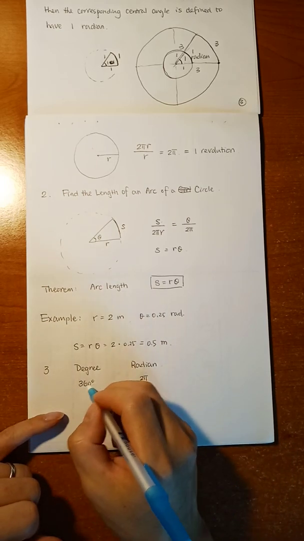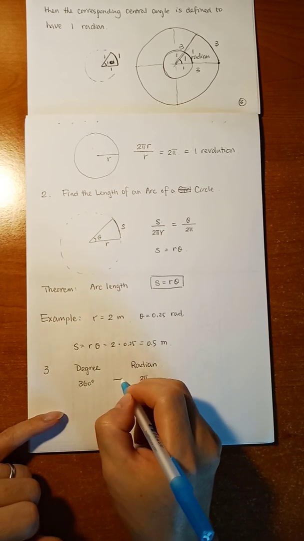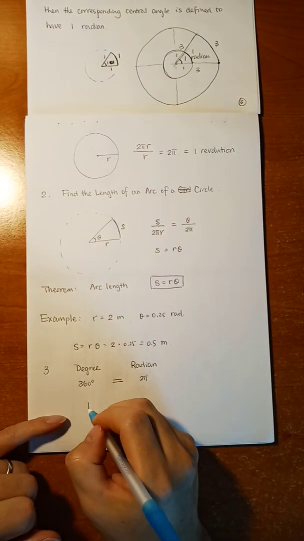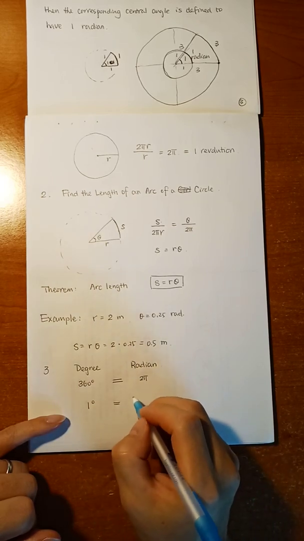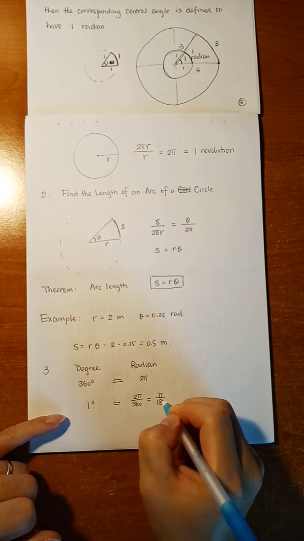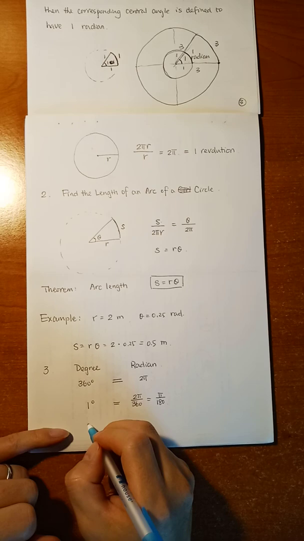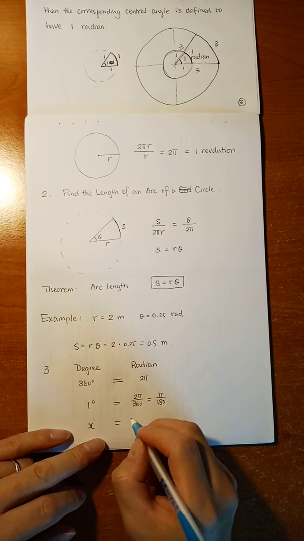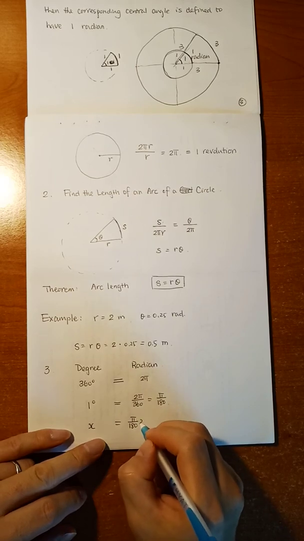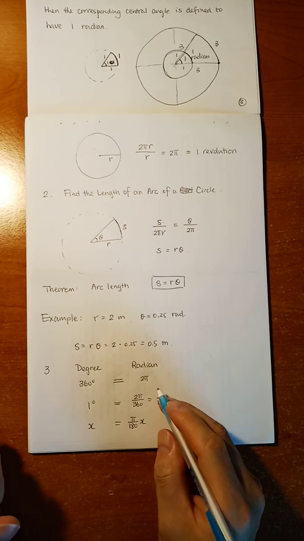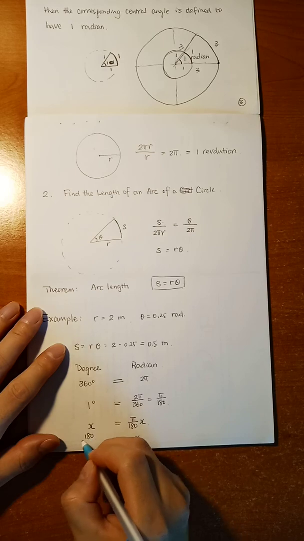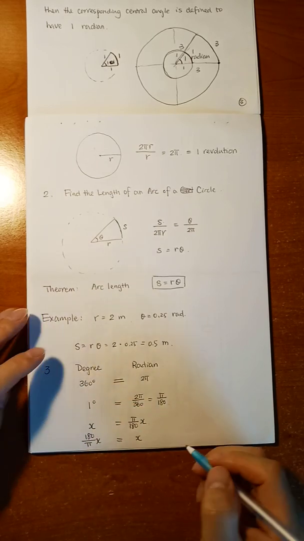So 360 degrees is 2 pi radians. Then 1 degree is 2 pi over 360, which is pi over 180 radians. So whatever degree x corresponds to pi over 180 times x radians. Whatever radian x is equal to 180 over pi times x degrees.